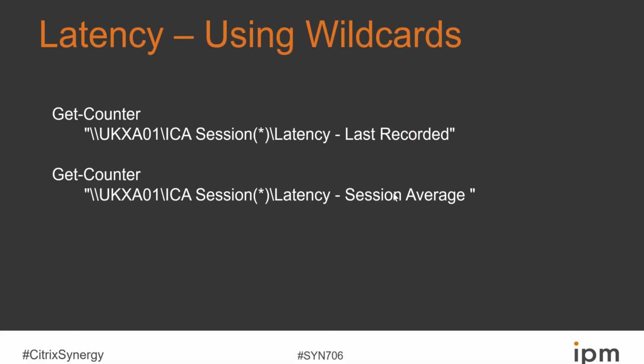That means you would have to make 40 calls across the network to get latencies, because we're getting two values of latency, the last recorded and the session average, for each of those sessions. So 40 calls can get pretty expensive. It's a lot easier to just make 2 calls, as you can see over here, and then search the list of returned latency values for Stephanie's latency values. It's much quicker.